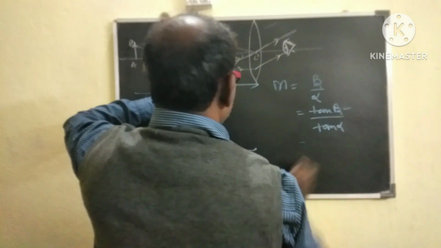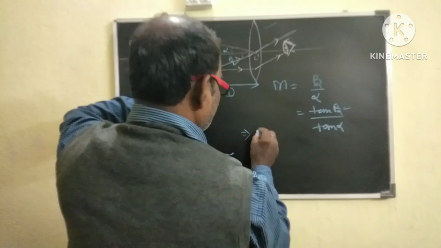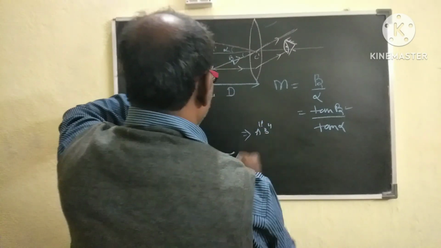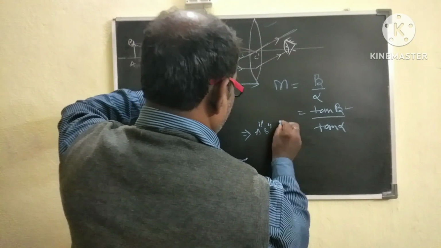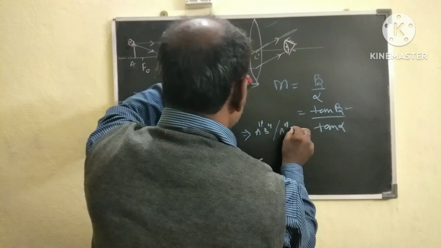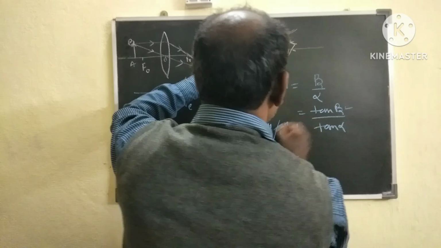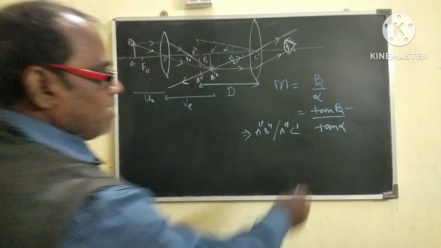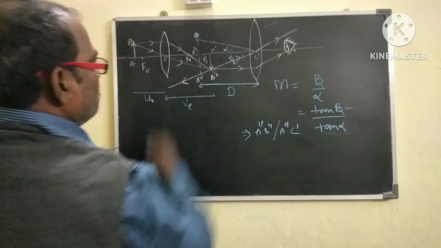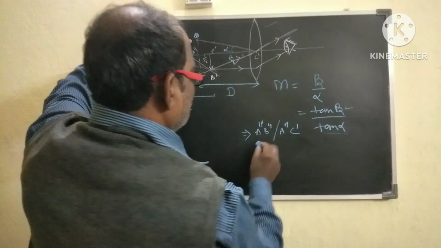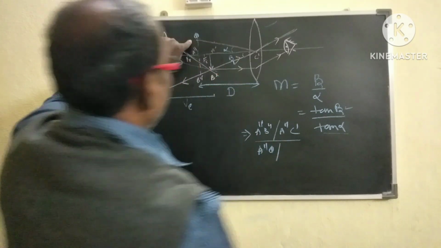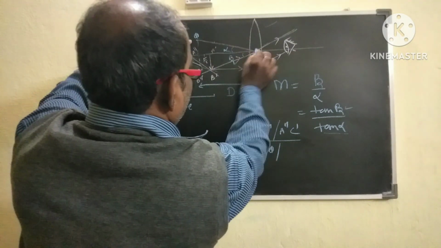So instead of tan beta we can write A''B'' divided by A''C'. Again, tan alpha: let us say this point is Q, we can take tan alpha as A''Q by A''C'.